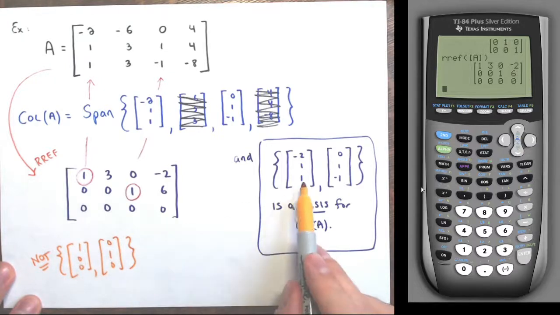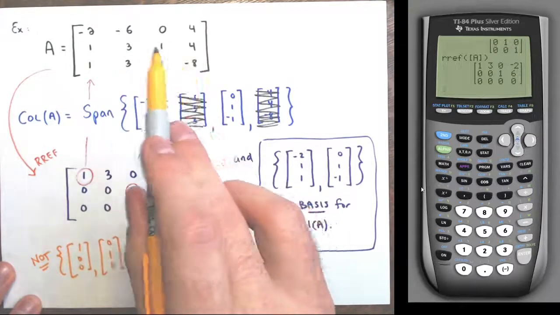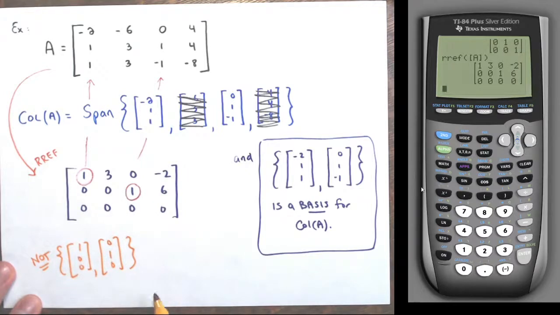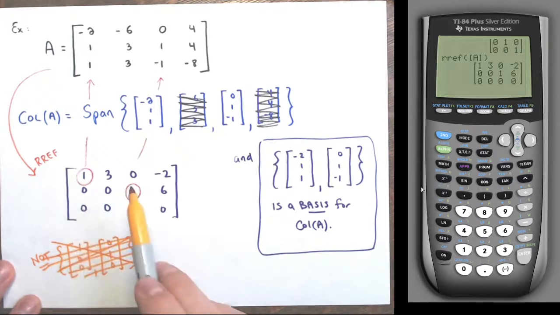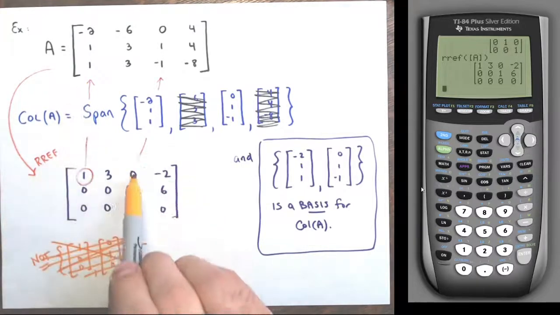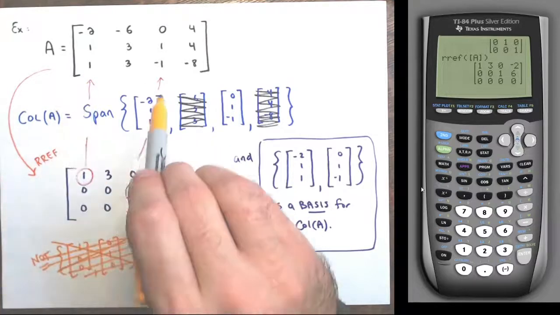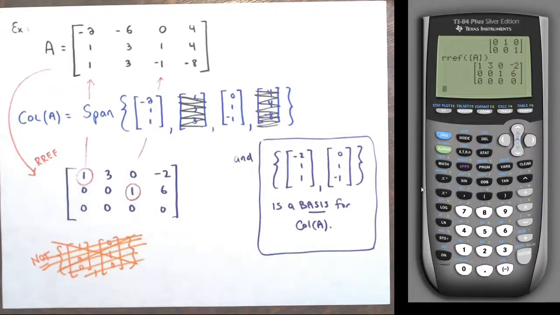So how are you going to make that vector, which is clearly in the column space? They're clearly columns of the matrix. So this is yet another example as to why you don't use the pivot columns of reduced echelon form. You use the columns that correspond to those pivot columns in the original matrix as your basis.